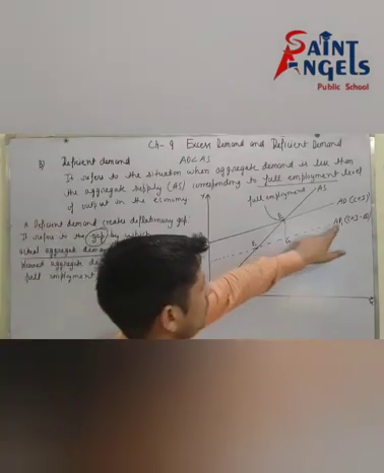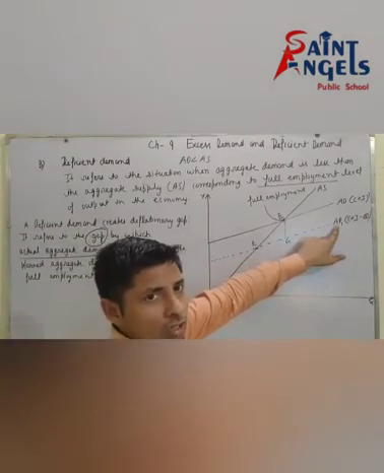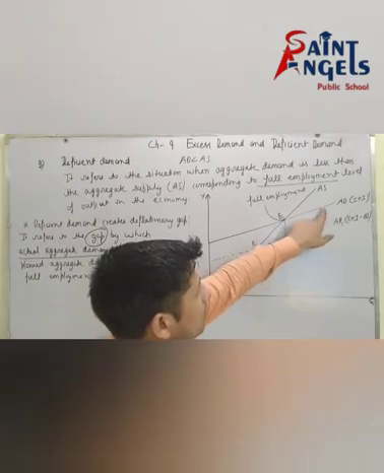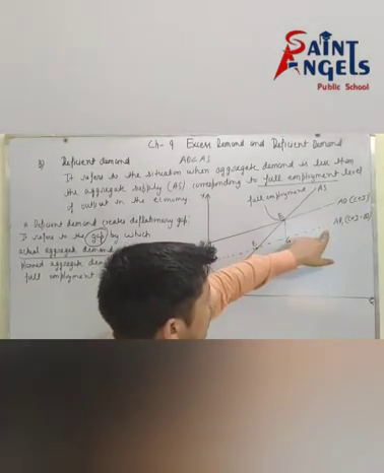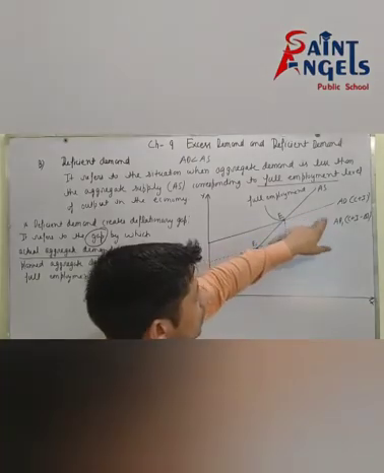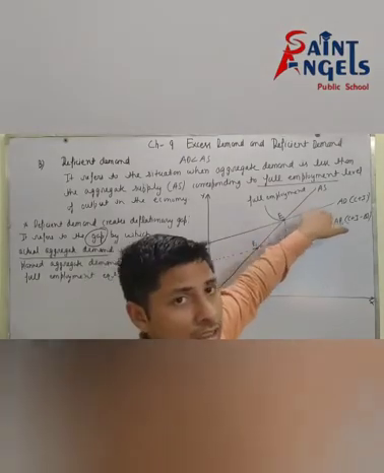This is the actual aggregate demand line, and this is the planned aggregate demand line. So this line means this demand is less than this.